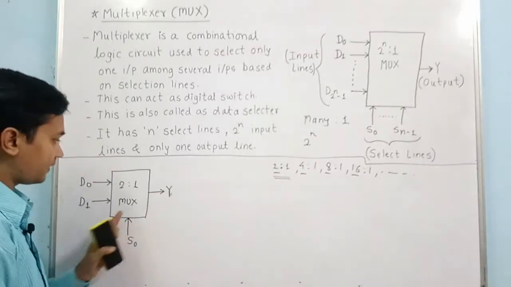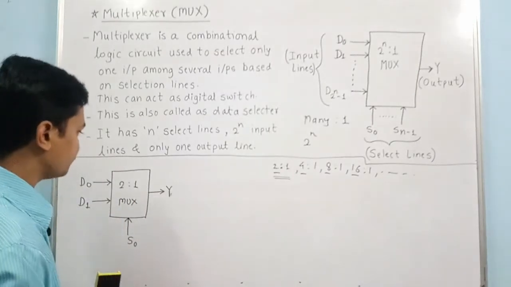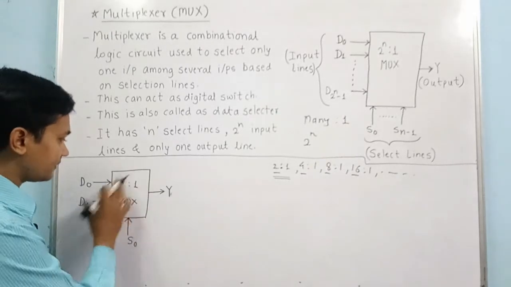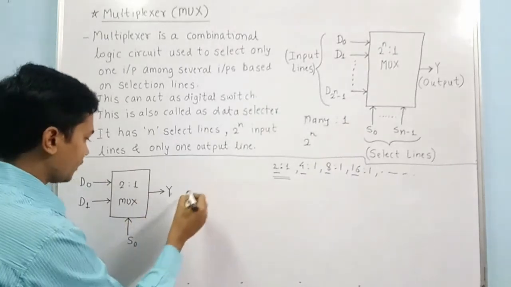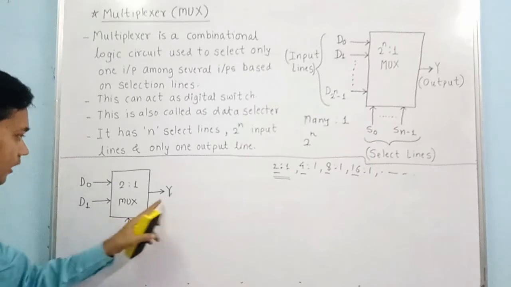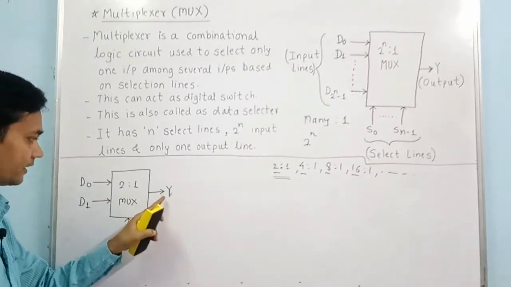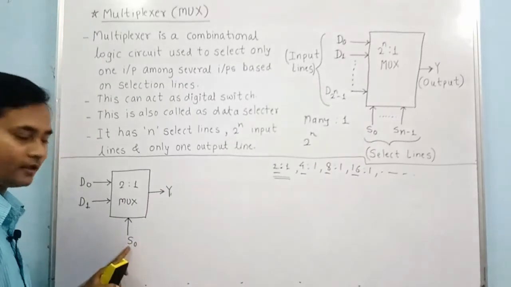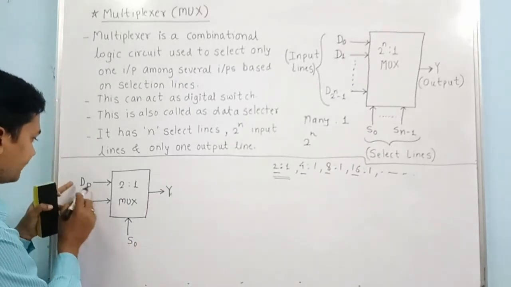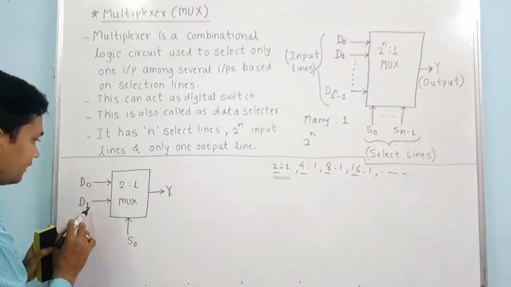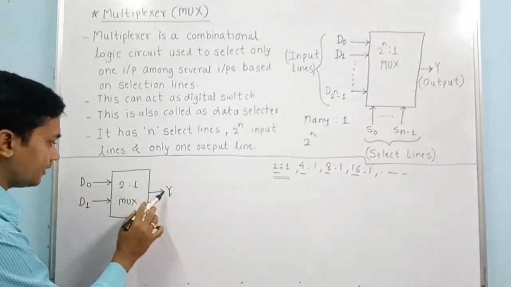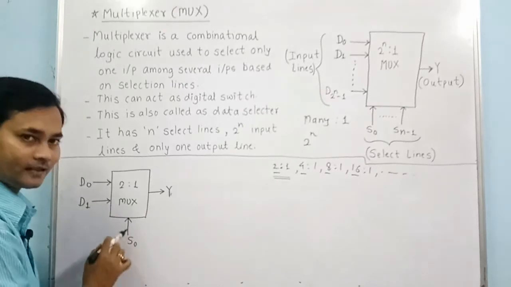Now after this we have to draw the truth table. The truth table of this multiplexer will be, see, the output status is dependent on the select line. Whichever input is applied on the D0 and D1 lines is transferred at the Y output line, depending upon the select line status.